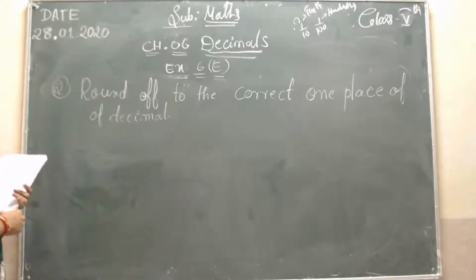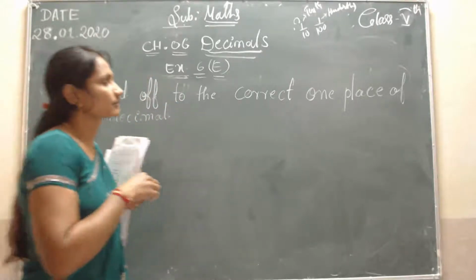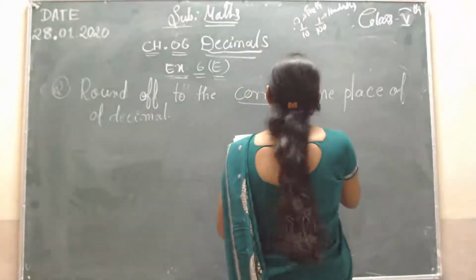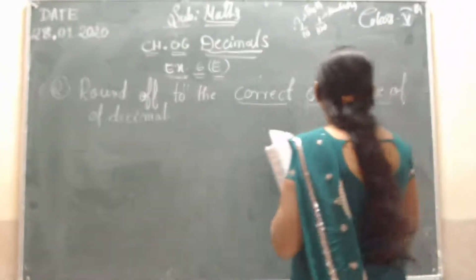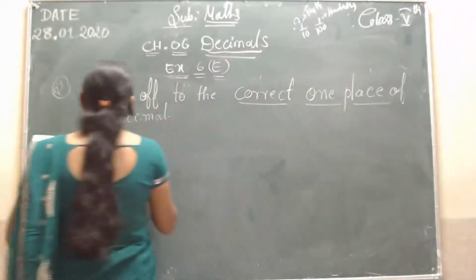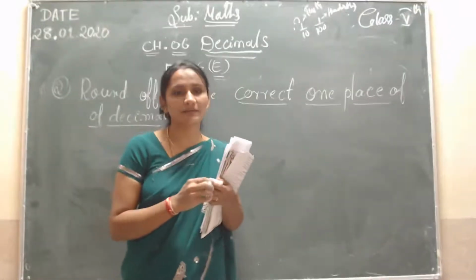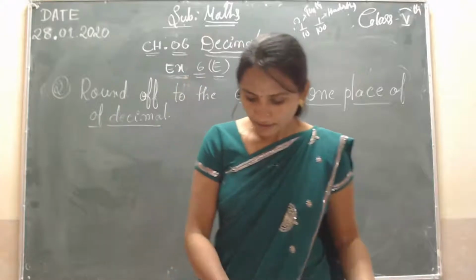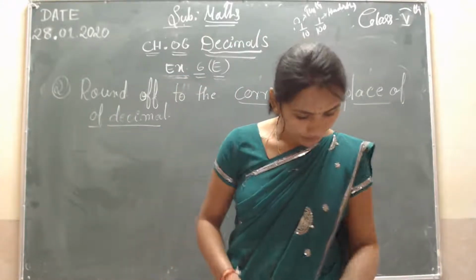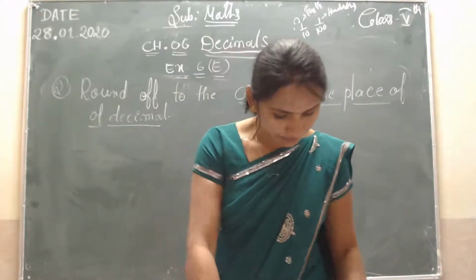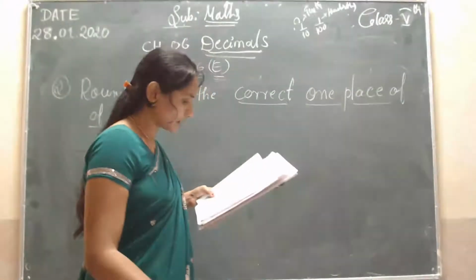So here round off to the correct 1 place of decimal. Students, what? 1 place of decimal. Okay. See next. See students here, I will choose different questions.